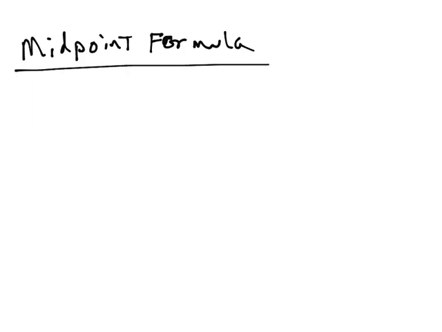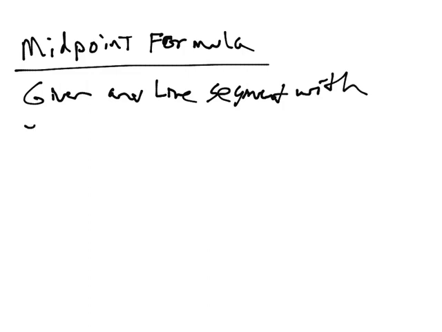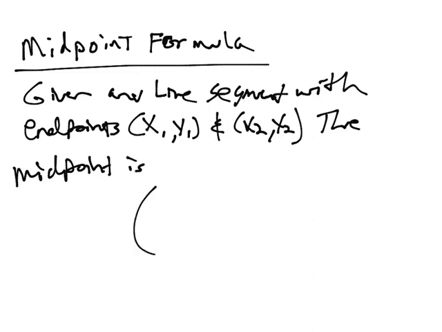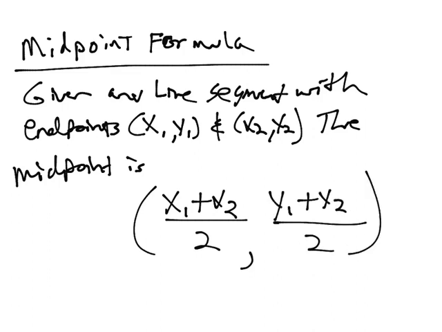So we have the midpoint formula. It's going to find the middle point between two points. It's officially stated as: given any line segment with endpoints x1, y1 and x2, y2, the midpoint is simply the average of the x coordinates, comma, the average of the y coordinates.